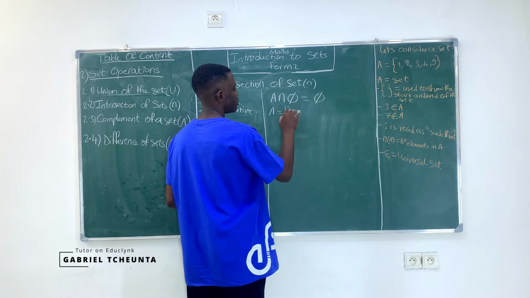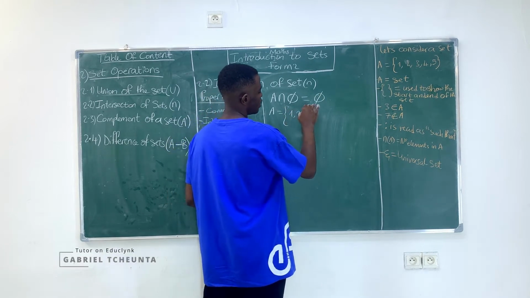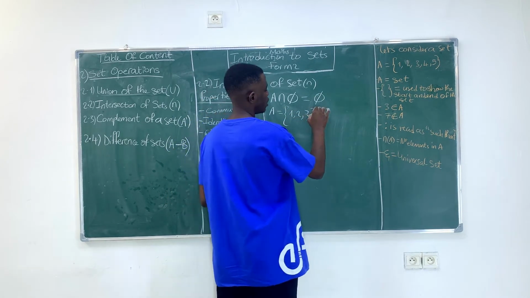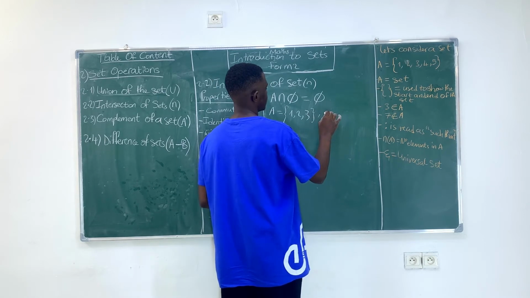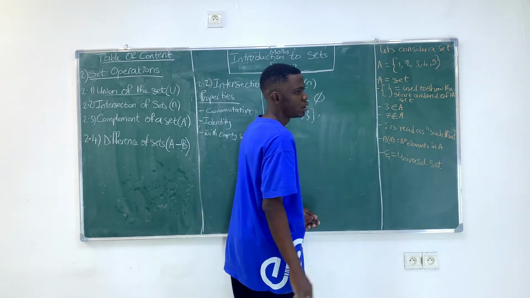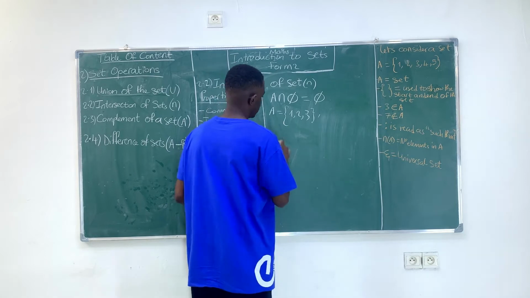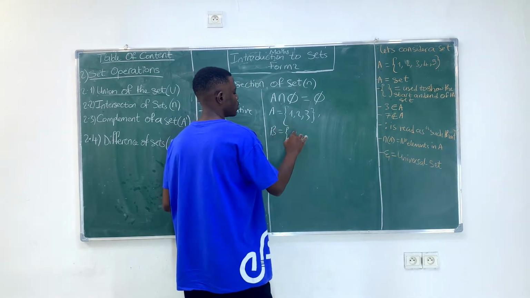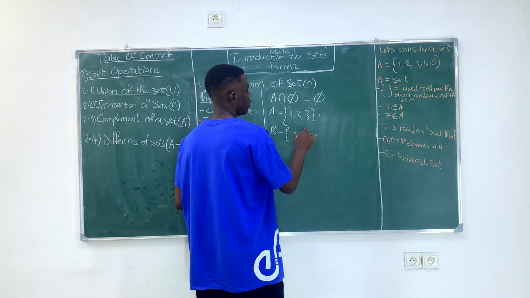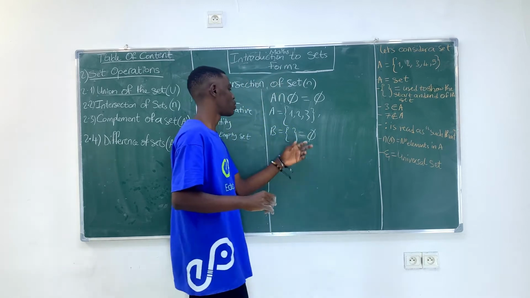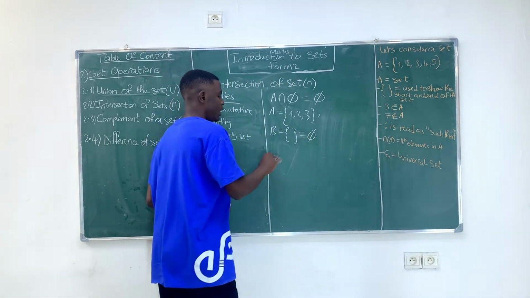We have a set A with values 1, 2, 3, and an empty set. Let's say B is equal to the empty set, or the A intersection.